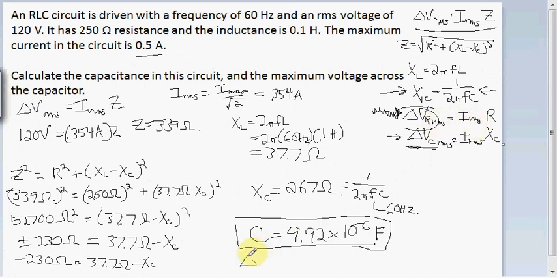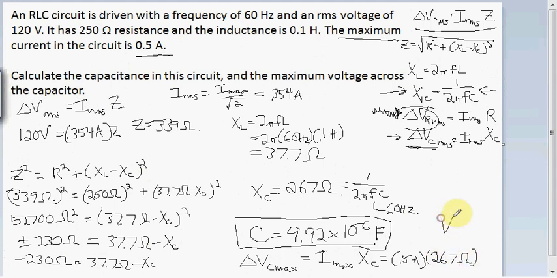So I can say delta V C, the voltage across the capacitor, max is equal to I max times X sub C. Notice this says the maximum current in the circuit is 0.5 amperes, times the capacitive reactance, which we just found to be 267 ohms.